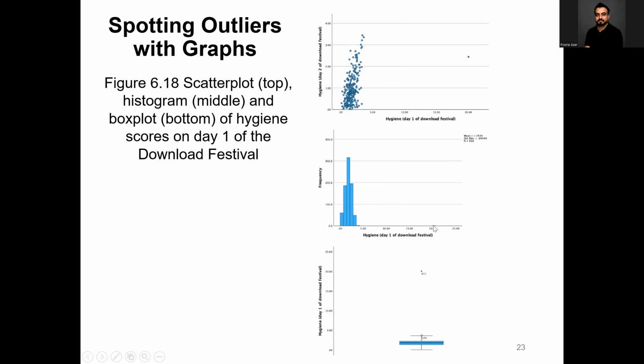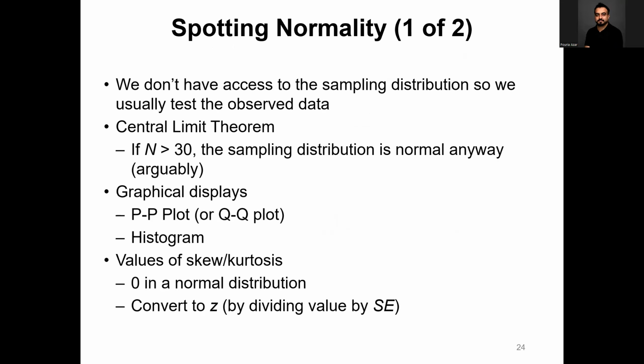But you can see there is a small bar on the right side of the middle graph. That one indicates an outlier. And on the bottom graph, we also have an outlier, which is far above other scores in the data set. So we can use scatter plot or histogram or box plot in order to detect outliers in our data set.